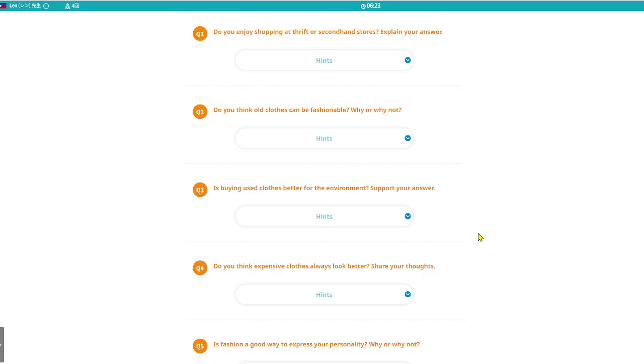The clothes the shop provides are so unique, sometimes very old, and I can't find those kinds of clothes in other boutiques. So the condition, the good quality, and also the affordable price. That's why I like it.